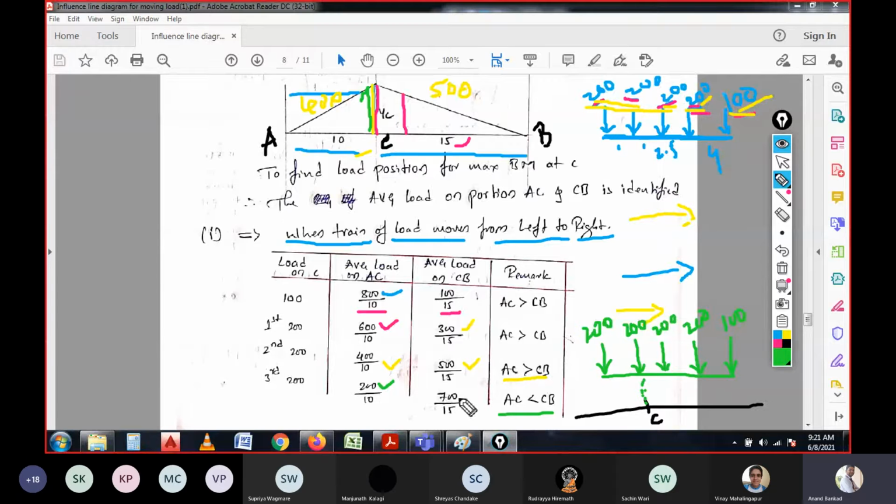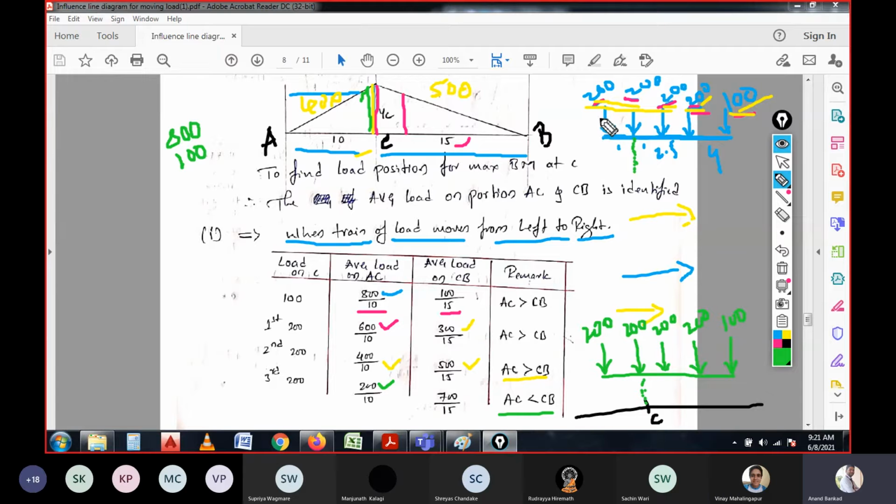Here, see, how much total load is there? 4 numbers of 200, correct? That will be 800 kilonewton. Total 900, sir. Yes, in that total 900, I hope you are seeing the cursor, if the third 200 kilonewton is acting on C, then the remaining 200 will be on the span of AC, which is behind the load.